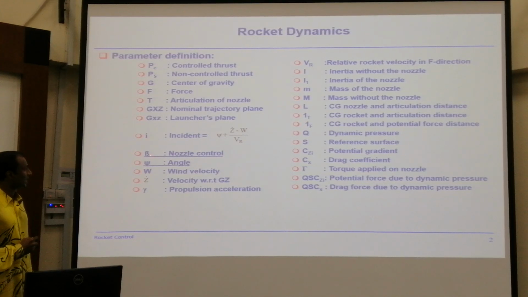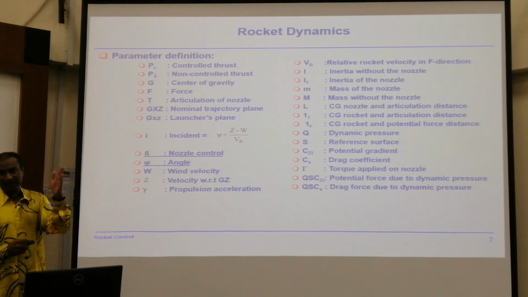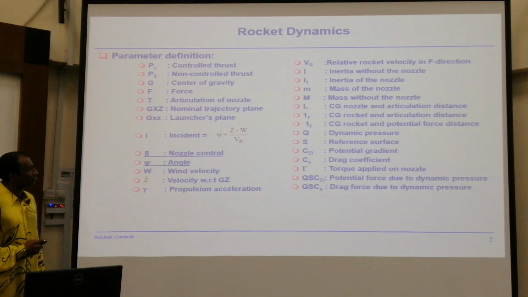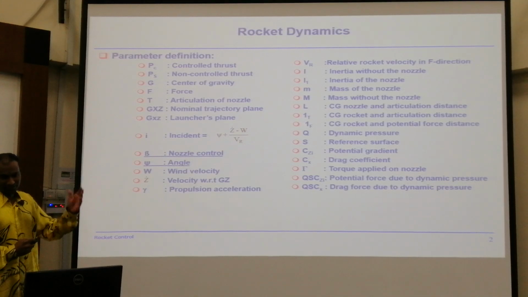These two parameters are very, very critical: the nozzle control angle beta, and the flight angle that you want to actually fly to, which is the rocket trajectory. Pay extra attention to these two quantities.